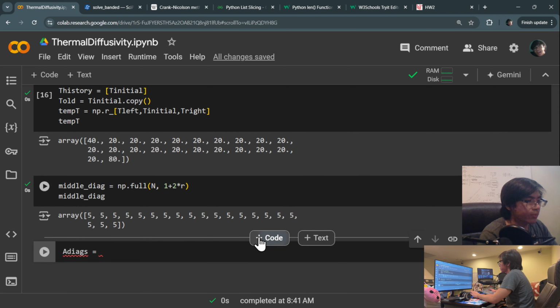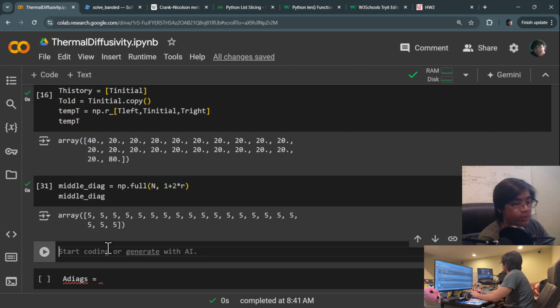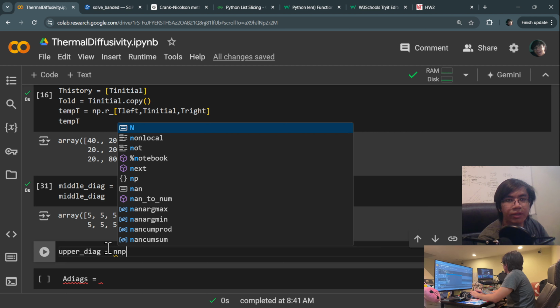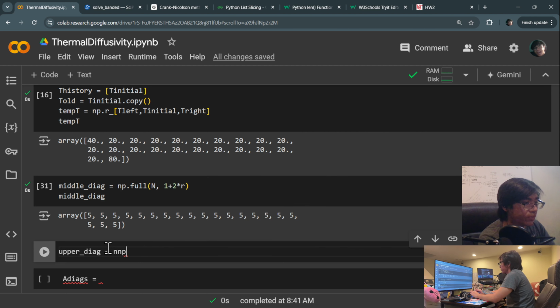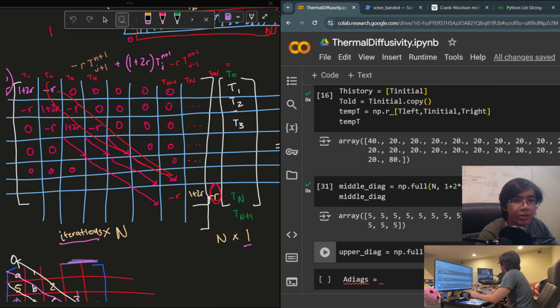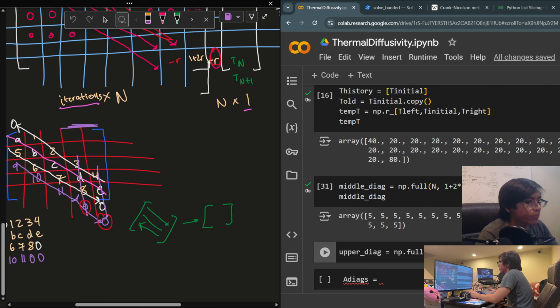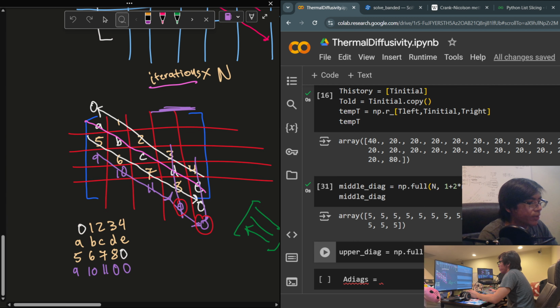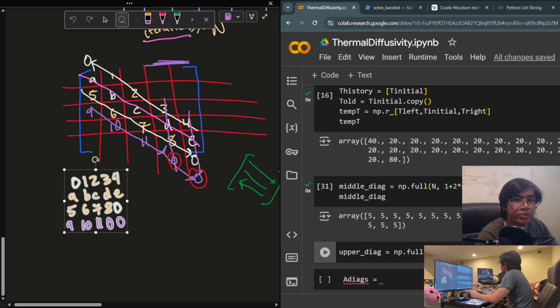Very next thing we'll do, upper diagonal and lower diagonal are fairly similar, but you'll want to notice that we will need to add a 0 at the left-hand side for the upper diagonal and right-hand side for the lower diagonal. And the reason for that is, if you remember our notes here, when we are writing our diagonal down, the upper diagonal had a 0 on the left.